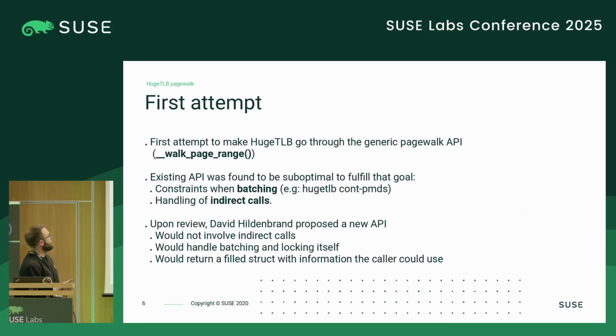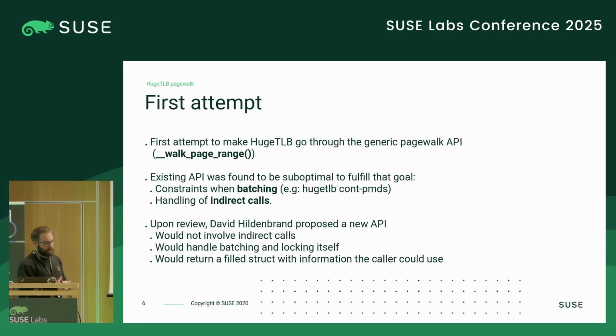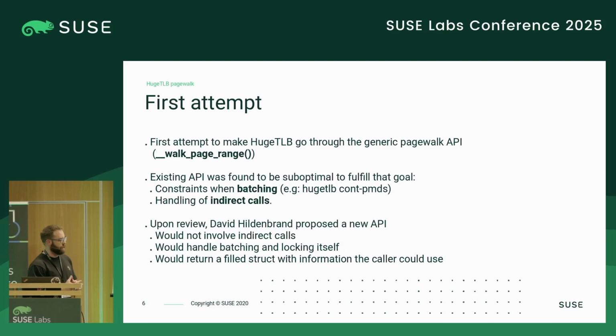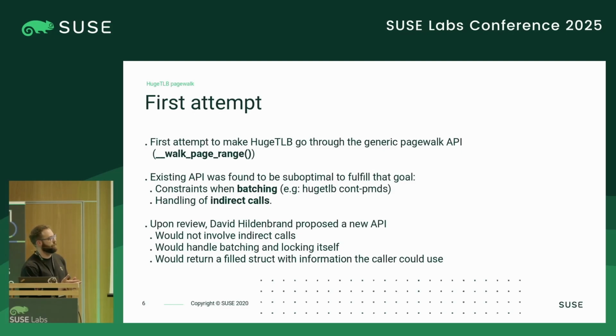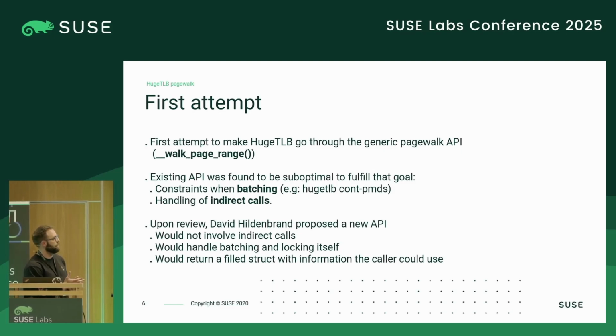So for the first attempt, I got in touch with Peter Xu to help along, and last summer I sent the first attempt of making HugeTLB go through the generic pagewalk. But some of the feedback I got, and that I saw myself, is that the current API was pretty suboptimal to support HugeTLB as it is right now.